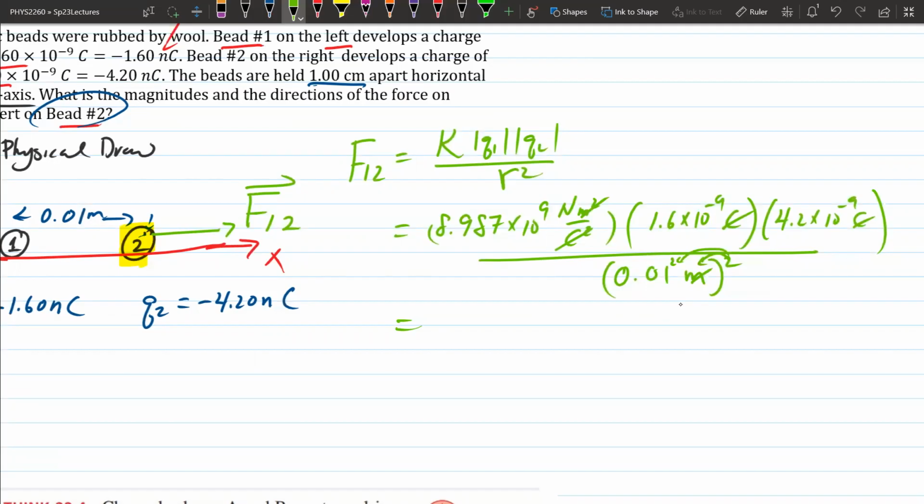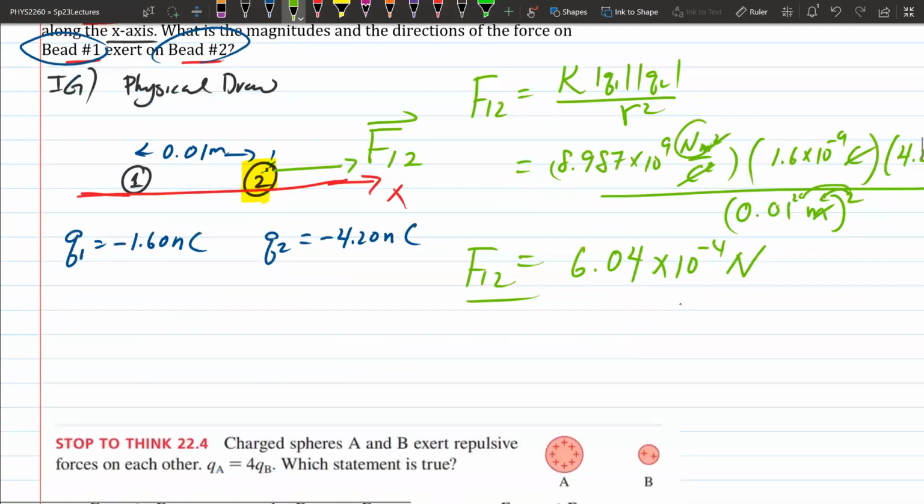And the force you're going to get is 6.04 times 10 to the negative 4. The only unit left over is Newton, which is in fact the unit for force. So this gives you the magnitude.